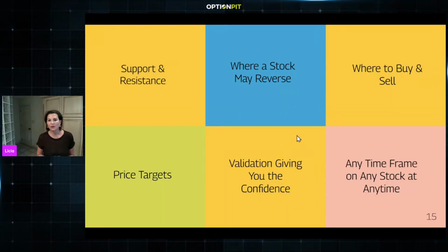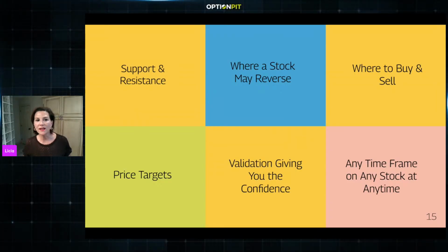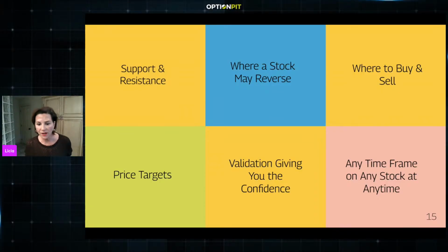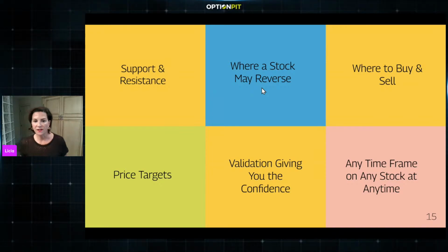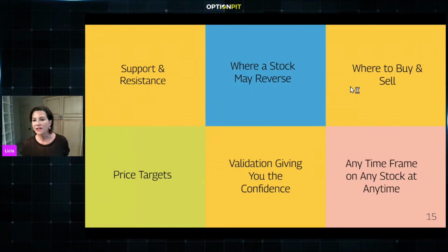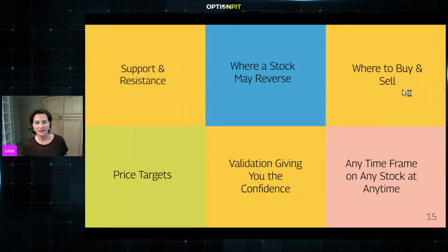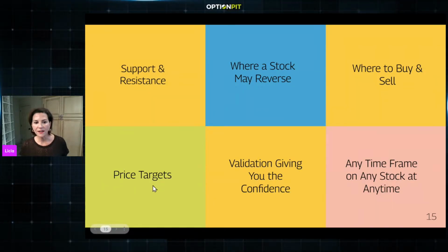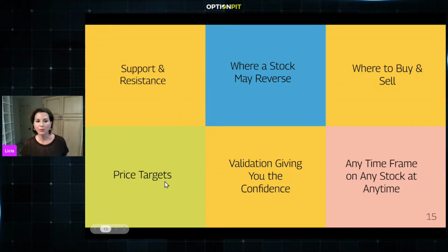So just to sum it all up, drawing a trend line shows you where the support and resistance are. Why do we want to know that? That is where the stock may reverse. And when it honors that level, it's going to reverse. This gives us the opportunity to make a trade, to buy it or sell it. And once we are in that trade, another level, higher or lower, is going to become your price target.